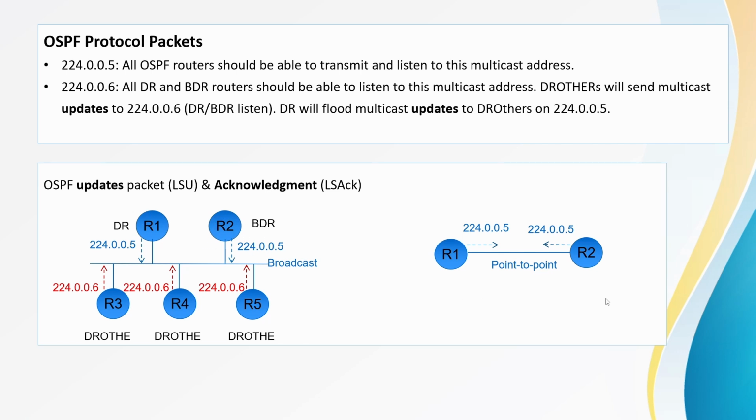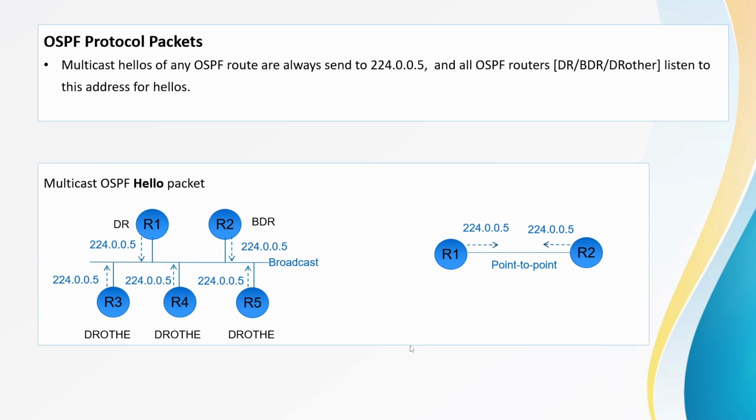On the right-hand side is a point-to-point network. In a point-to-point network, there is no DR and BDR. So routers send update information directly to the multicast address 224.0.0.5.